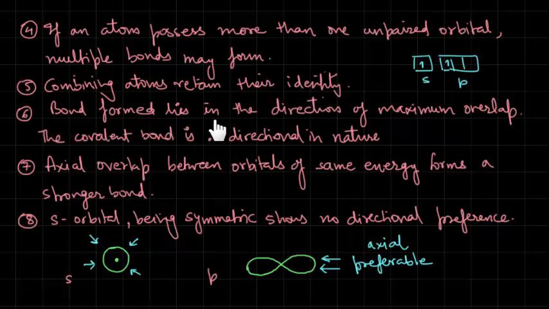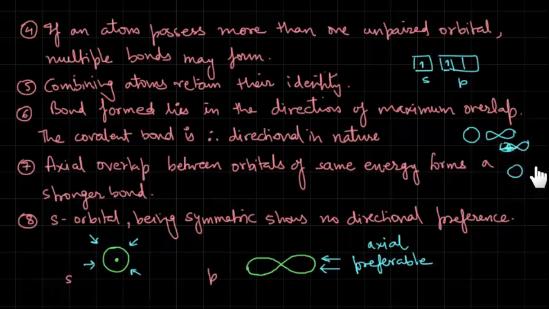Bond formed lies in the direction of maximum overlap. Let's take an example where there is one hydrogen which has an s orbital, and a p orbital of, let's say, oxygen, and they overlap like this. This postulate means that the direction of the bond is along the direction of maximum overlap.